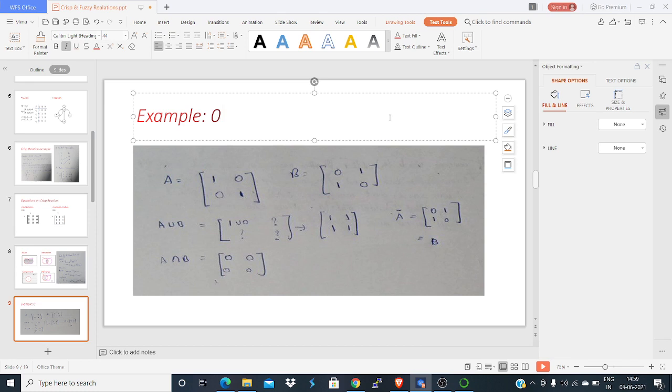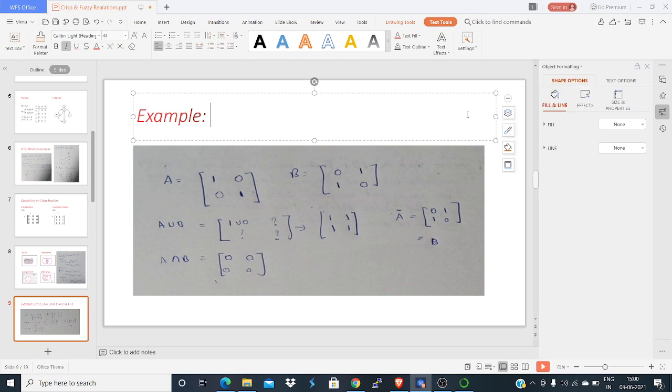Whereas for intersection, 0 intersection 0, 0 intersection 1, 1 intersection 0, the value is 0. For only 1 intersection 1, the value is 1.